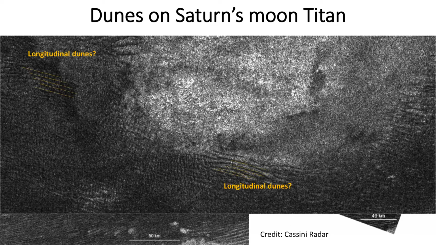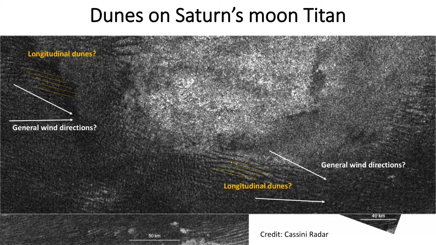So we can speculate, well, okay, maybe if we put some lines along where we see these dunes, perhaps these are longitudinal dunes, and so you'd expect the wind direction to be maybe something like this, maybe a couple of different wind directions, one from slightly further north, one from slightly further south, and that could tie in with seasonal changes in winds, and that would produce maybe those longitudinal dune orientations.